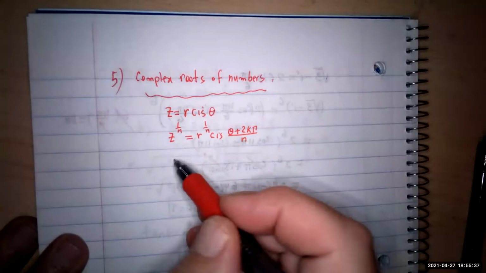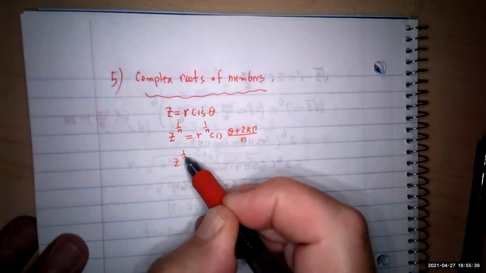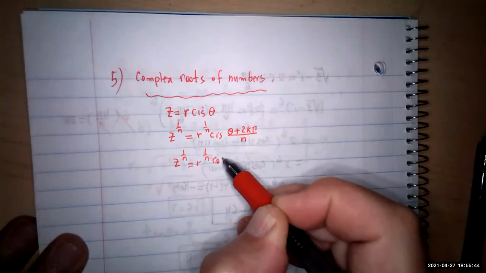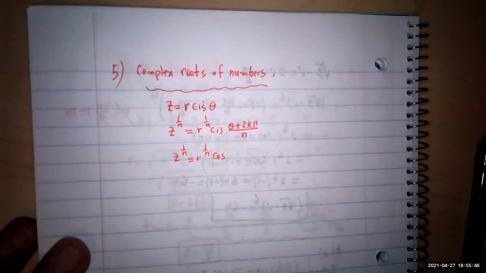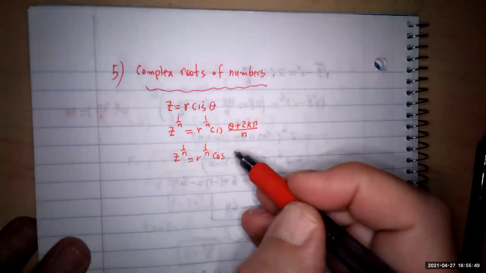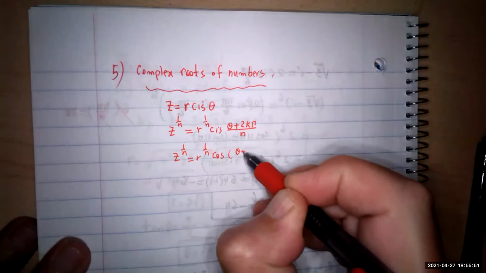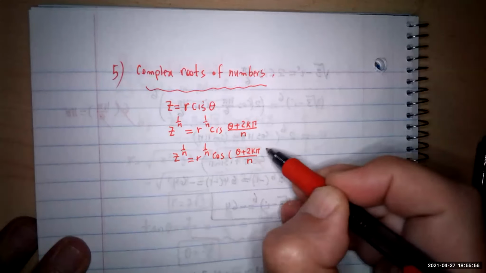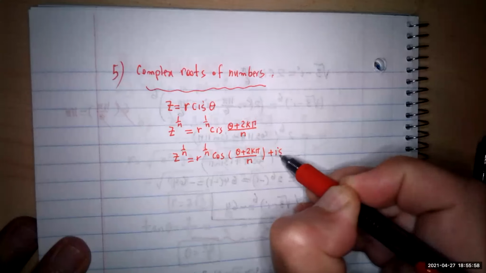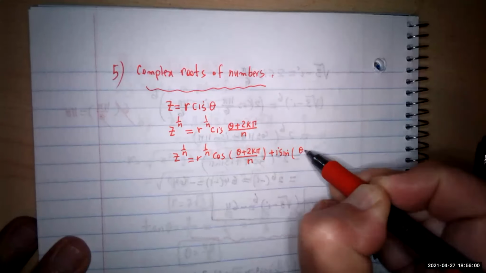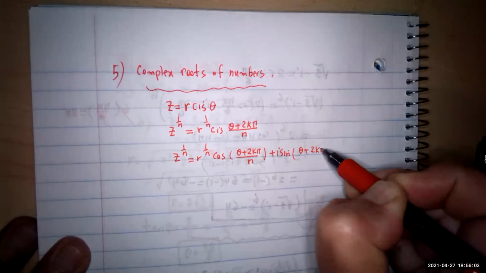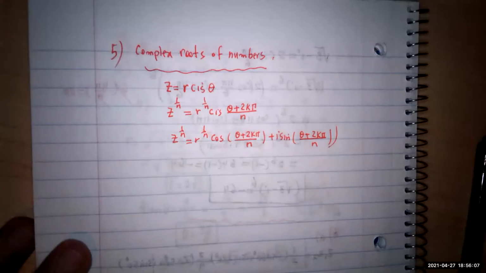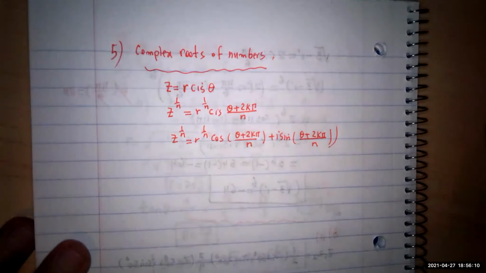So in expanded form, z to the 1 over n is going to be r to the 1 over n times cosine of (theta plus 2k pi divided by n) plus i sine of (theta plus 2k pi divided by n). It's just another version of the De Moivre formula. Now you are going to get n solutions.